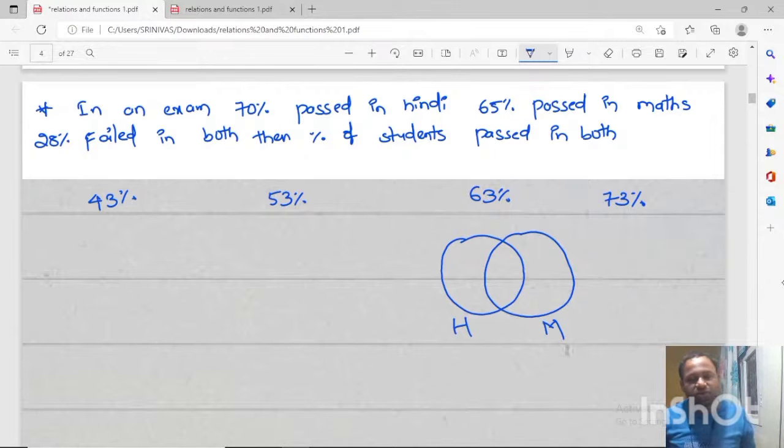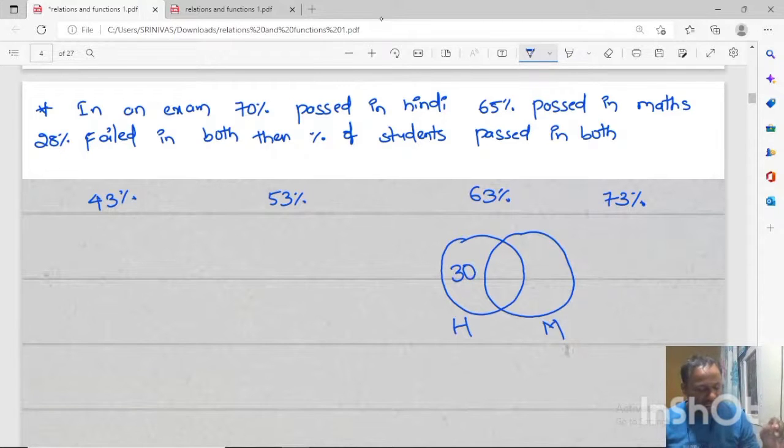According to the condition, 70% students passed in Hindi. 70% passed in Hindi means 30% failed in Hindi.